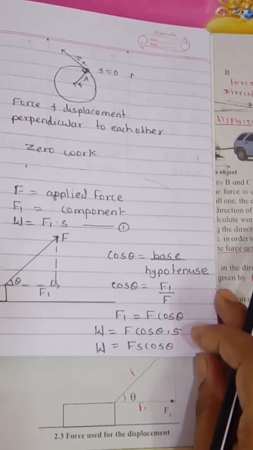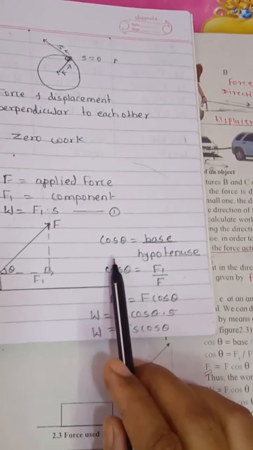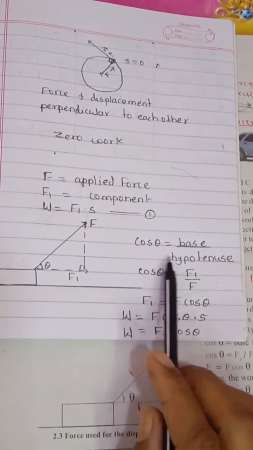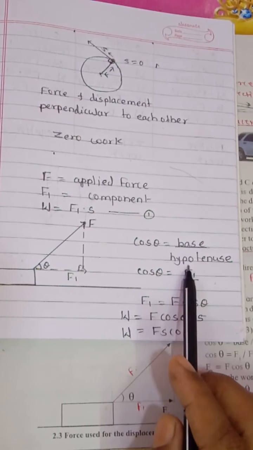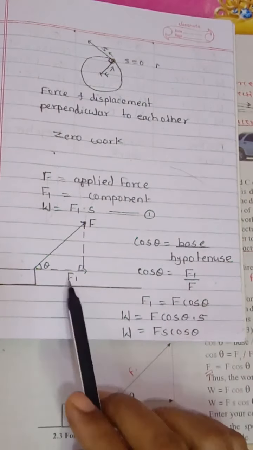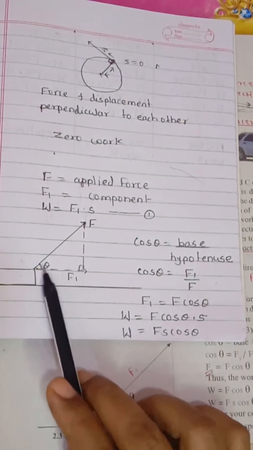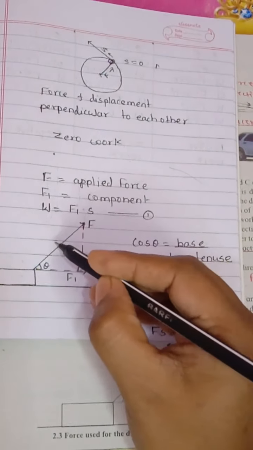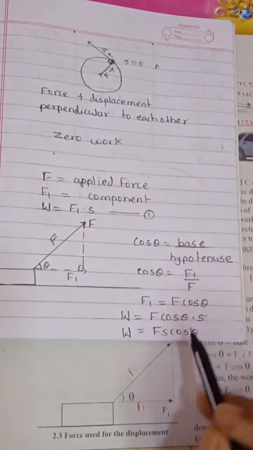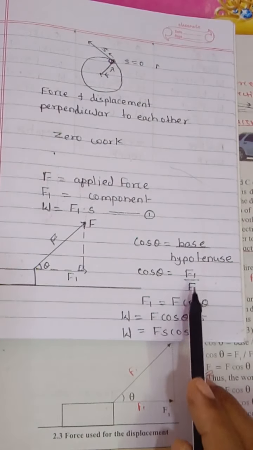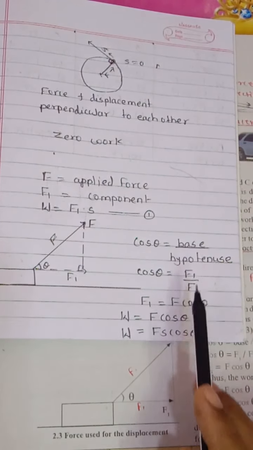Formula of cos theta: cos theta is equal to base upon hypotenuse. Base means F1 and hypotenuse means F. We put these values in this formula.